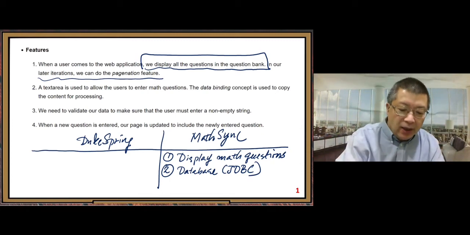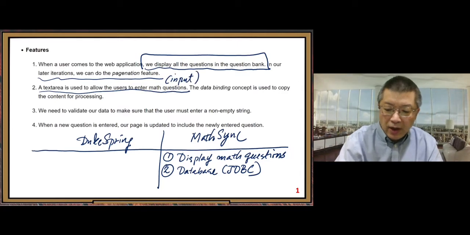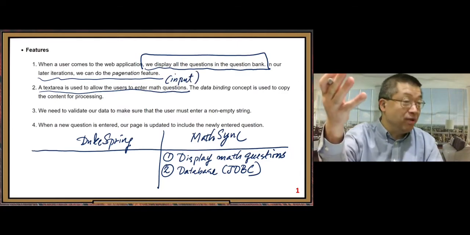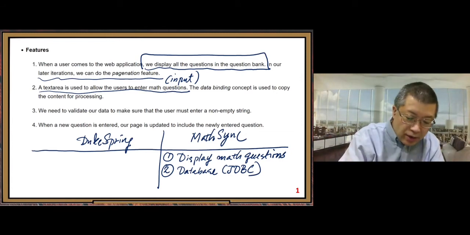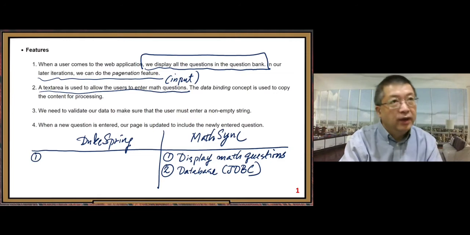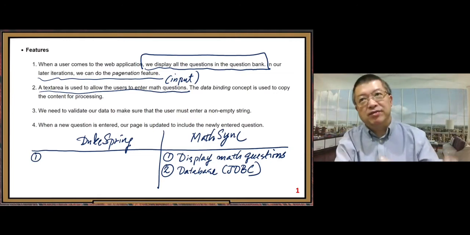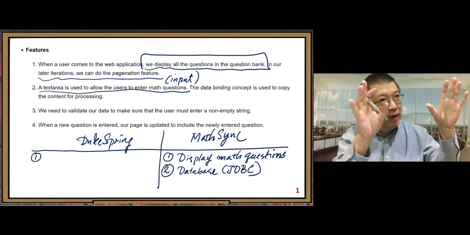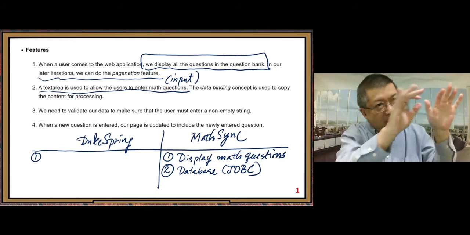A text area is used to allow the user to enter math questions. So that is the input part. In Math Sync, there is no user input. We just display math questions. So that user input part, we need to borrow from the Duke Spring, because in that example, hello Spring, the user enters data.